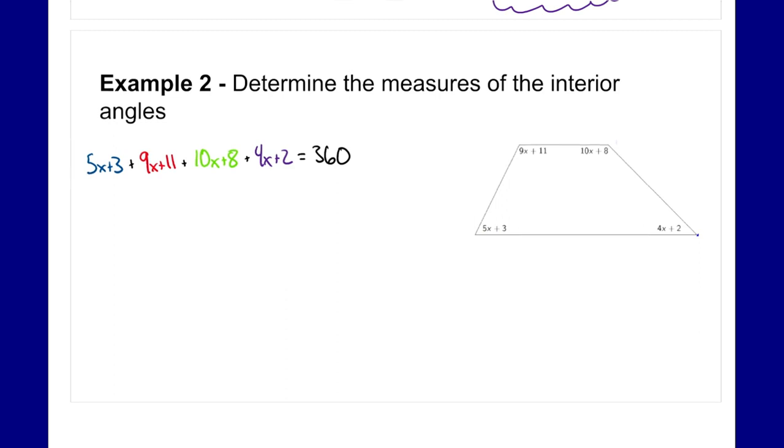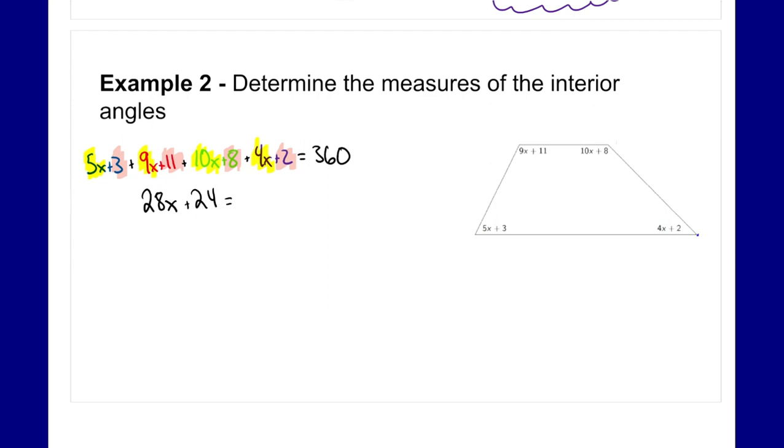First, I'm going to collect all my like terms. So the x's, and then all the constants, or just the values. So 5x and 9x, 10x, and 4x gives me 28x. 3 plus 11 plus 8 plus 2 gives me 24.